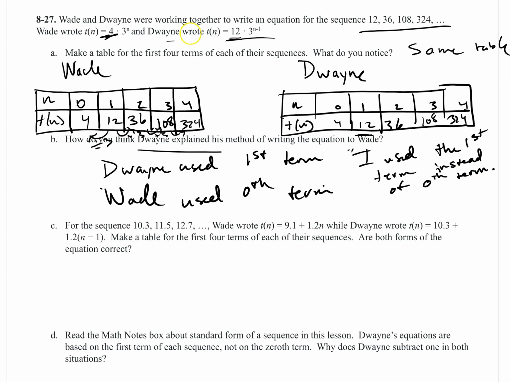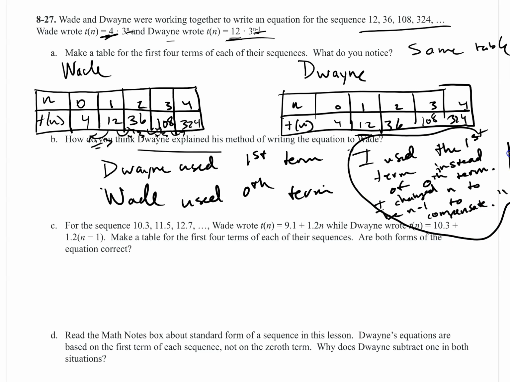And then he adjusted his equation by, instead of doing 3 to the power n, he does 3 to the power n minus 1. So that adjusts to compensate for the 0 term. So maybe that's how he described it. I'm not sure. But that's the major difference.